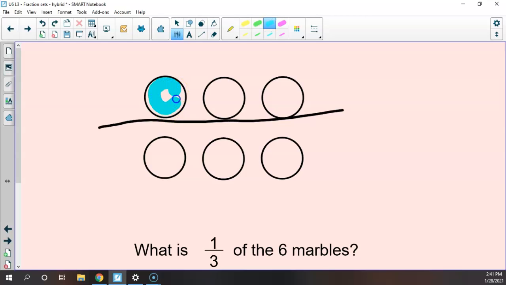So here's that first one out of that first group of 3. And here's that second one in that second group of 3. So now I've shaded 1 out of every 3. So that shows me that 2 would be the answer. 2 marbles. 1/3 of 6 marbles would be 2 marbles.